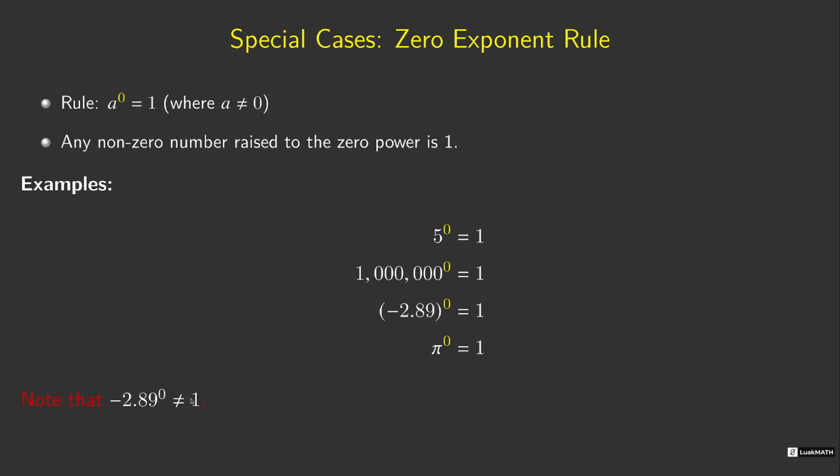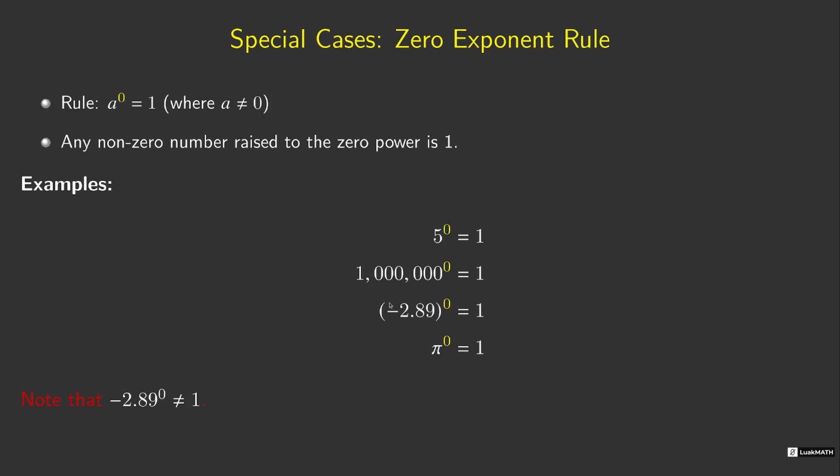And note what I have down here. Minus 2.89 raised to 0 is not equal to 1. I see this a lot, even in college level mathematics courses when I'm correcting papers for students. Please don't make this rookie mistake. It can cost you dearly. Remember, this one I have right here is not the same as this one right here. In here, I'm raising everything inside the bracket to 0.